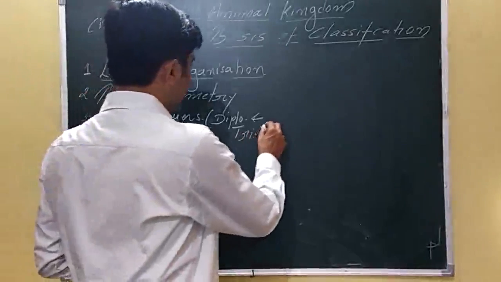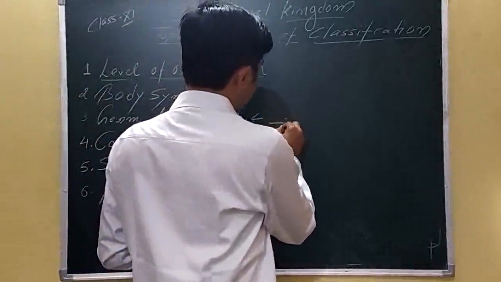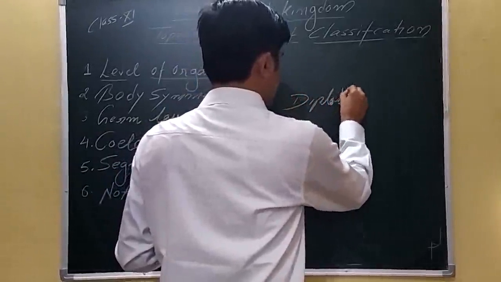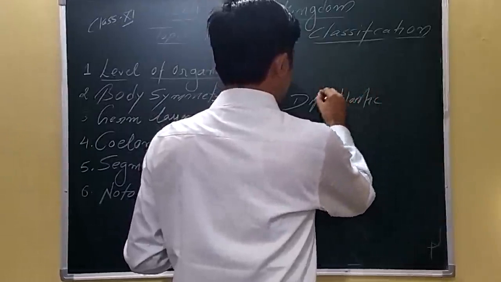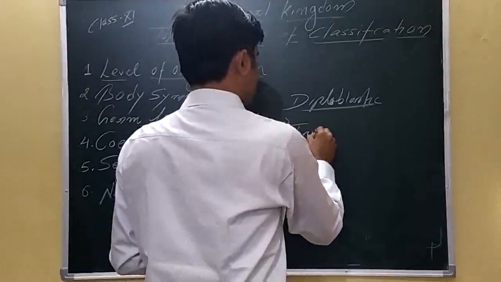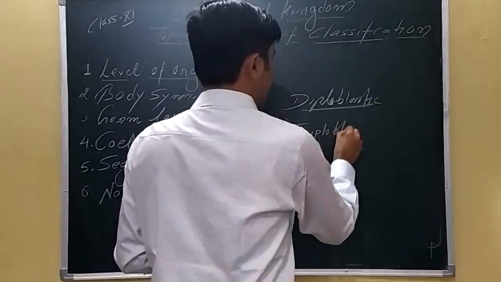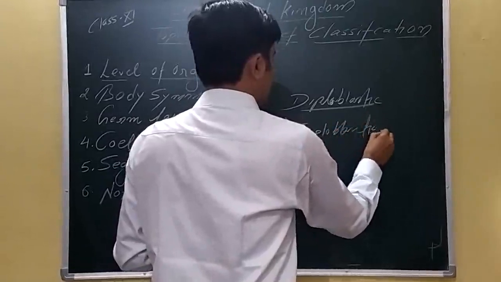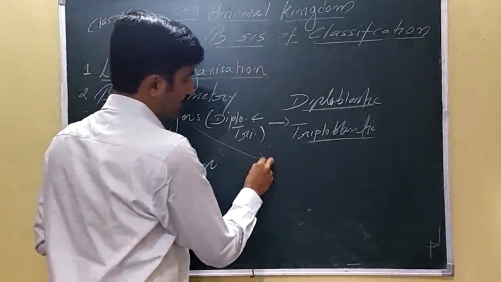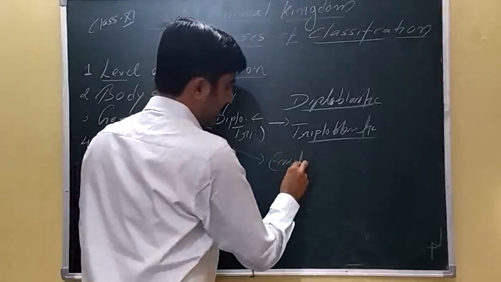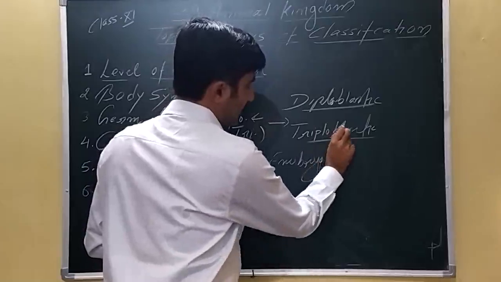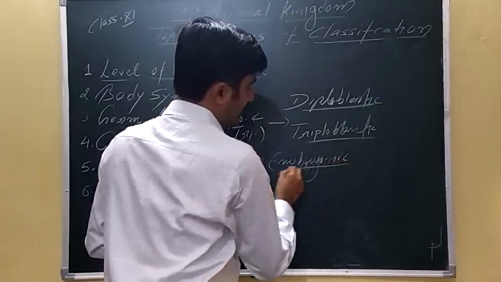So please keep in mind, diploblastic and another one is called triploblastic. Triplo means three. We use the word germ layer, or these are nothing but the embryonic layers, the layers present in the gastrula, the early embryo.